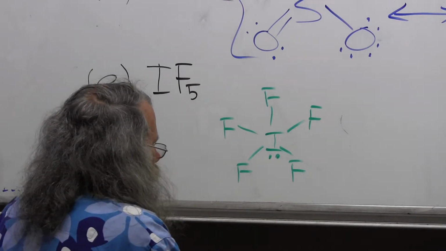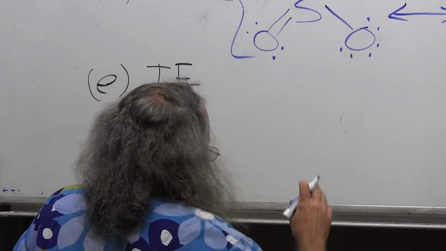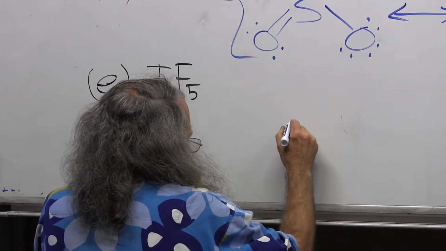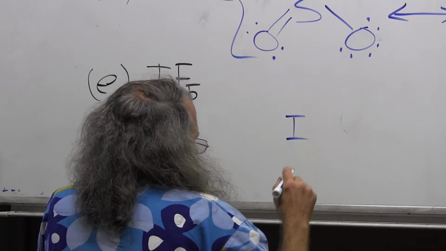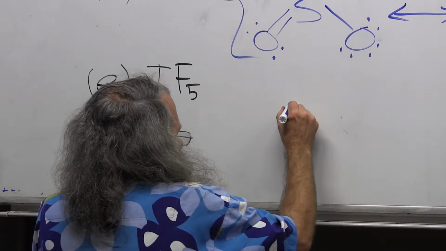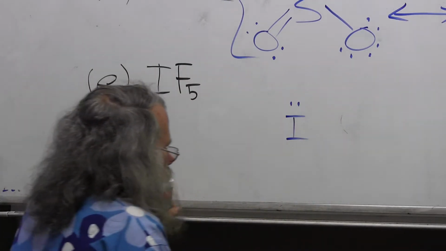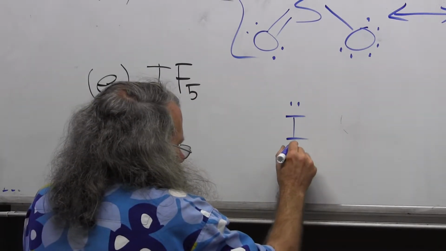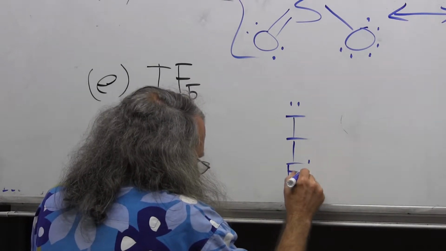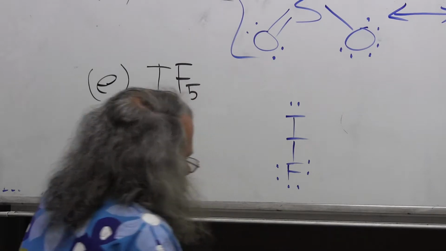So let's draw it that way. And I think I'll start with the iodine, and I'll place the lone pair right here. And then I will draw in what looks like an axial position now.